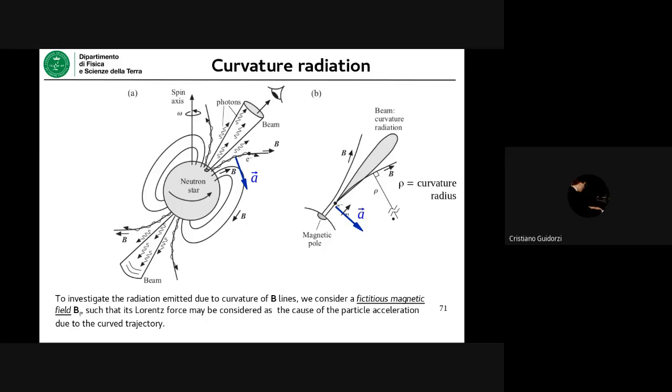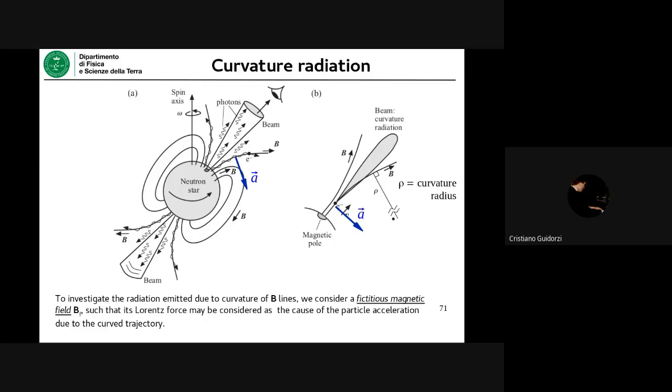In the case of curvature, the acceleration is not due to the Lorentz force. This is another way of putting it, while in synchrotron radiation, indeed, acceleration is due to the Lorentz force. So you see how the magnetic field comes into play, the role of the magnetic field. Here, it's not due to that. There is no Lorentz force here.